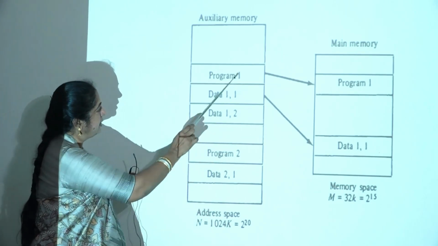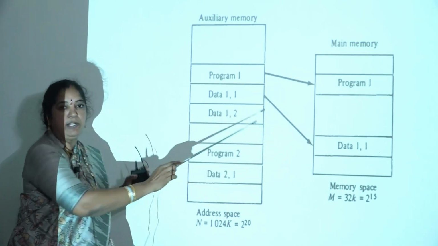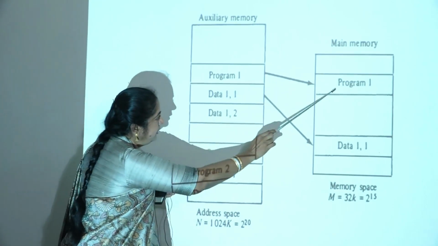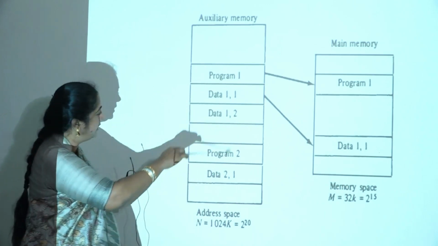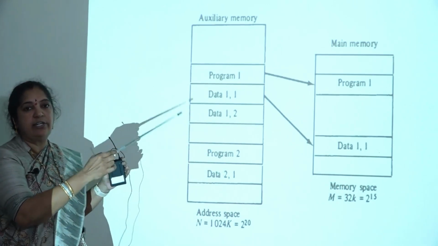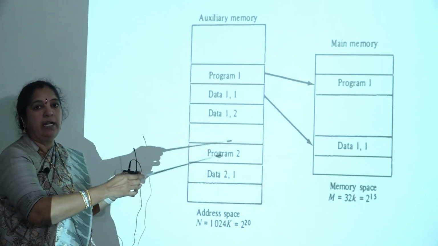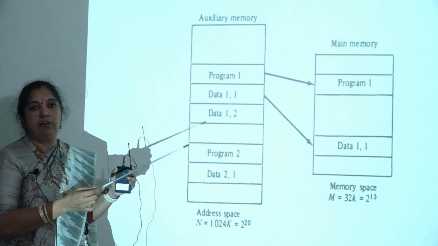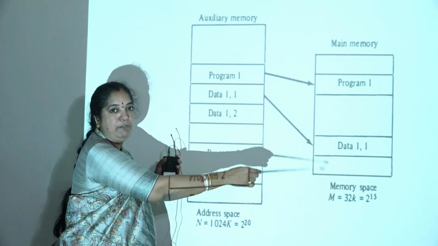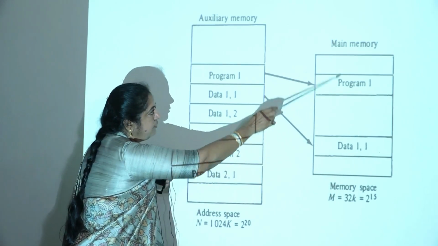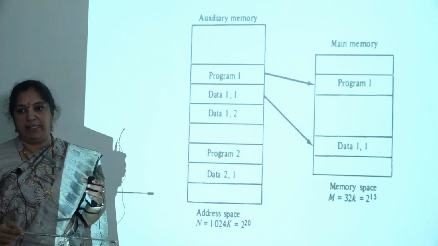In this example, suppose we want to load program 1 and this data, we search for an available block and transfer it there. The address generated by the processor or the programmer, which is stored in the auxiliary memory, we call the address space. This address space is converted into physical memory, meaning the actual location where we allocate and store that particular page.